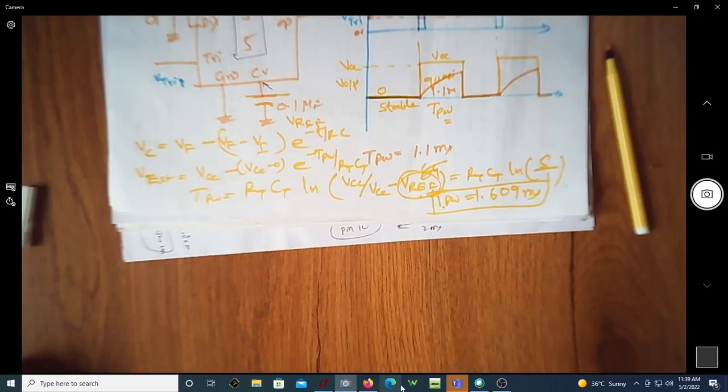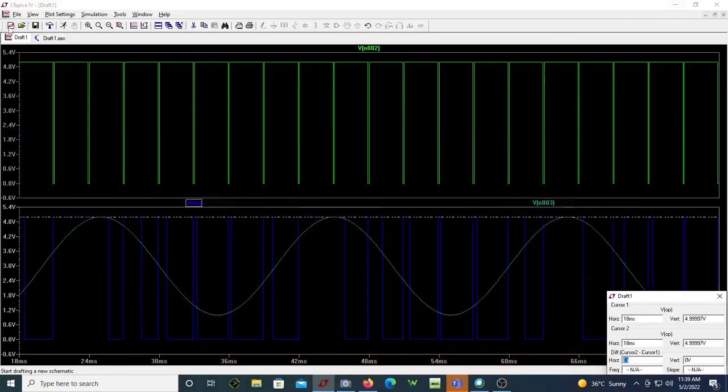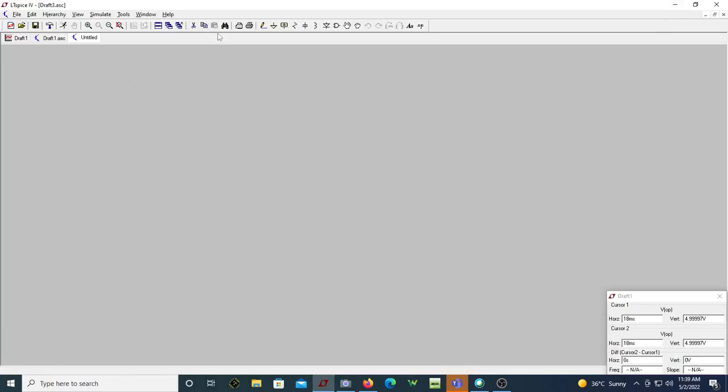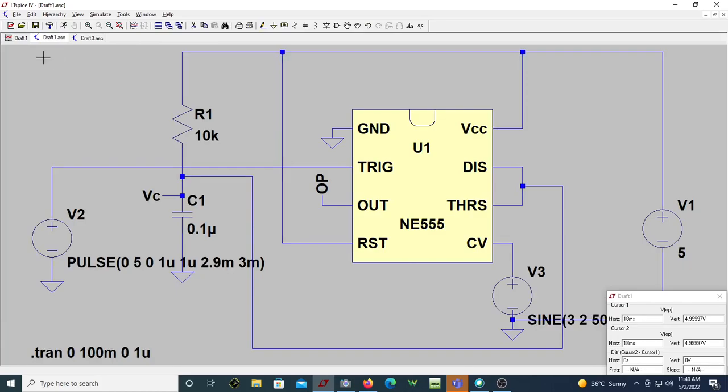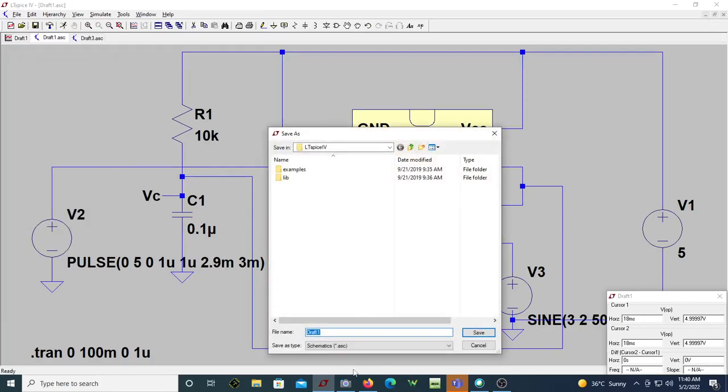So we can also see one more application of a 555 timer, that is the bistable multivibrator. So what I'll do is I'll just go quickly and rig up a bistable multivibrator. Let me just copy paste this, save as, some bistable.